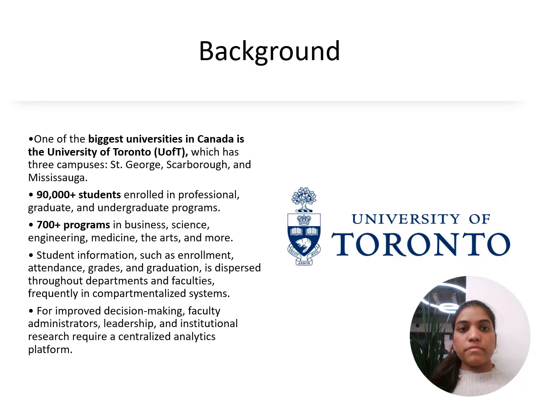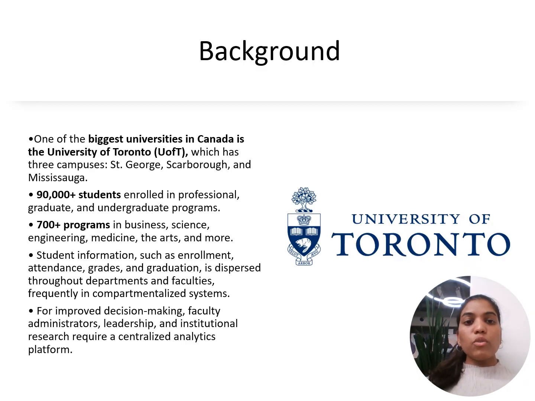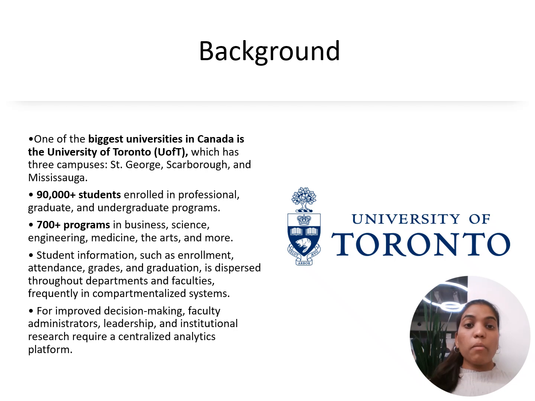Third slide. So we will be talking about the background of University of Toronto. University of Toronto is one of Canada's largest universities with over 90,000 students and more than 700 programs. Currently, student data is scattered across the different faculties and departments.